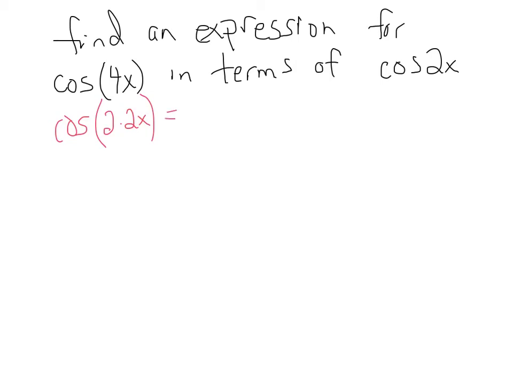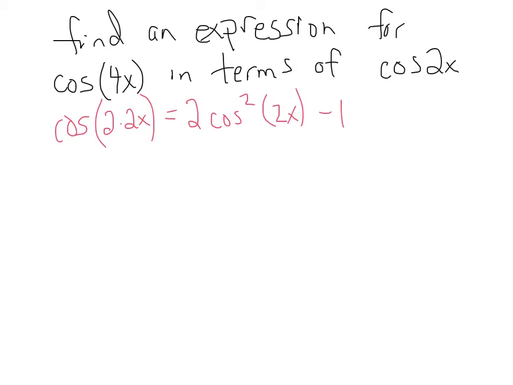The identity that involved cosine is 2 cosine squared a minus 1, so 2 cosine squared 2x minus 1. And we have just completed the task that was asked of us.